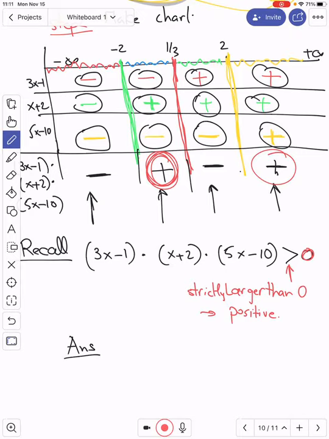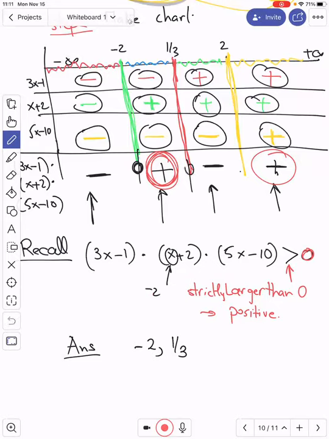So the first interval is from negative 2 to 1/3, right? Now, do we include the negative 2 and 1/3? Just remember, guys, if your x is negative 2, like this green line, when you are on this green line, then the whole thing is going to be 0, because if your x is negative 2, negative 2 plus 2 will be 0. So the whole thing is 0.